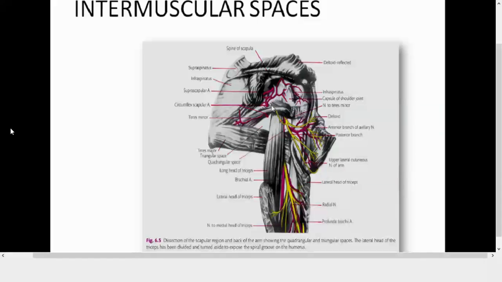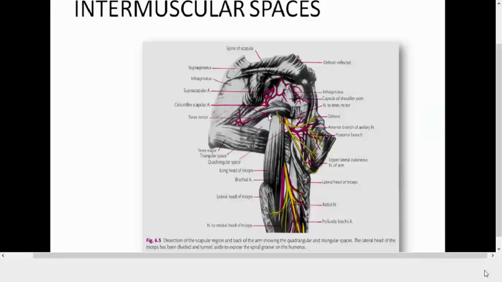Posteriorly we are seeing the teres minor muscle. From anteriorly, subscapularis. Subscapularis will be forming, from the anterior aspect, the superior boundary of this upper triangular space. Laterally we have the long head of triceps, inferiorly the teres major muscle.